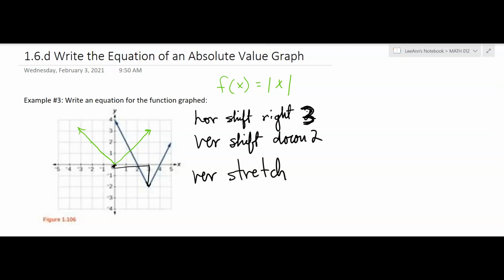Now, how am I going to determine what that vertical stretch is? Well, picture you picking these points up and lining them up with the original absolute value function, the toolkit function. It looks like there's a point here that's 1 to the left and 2 up. And then there's another point the other direction, right?